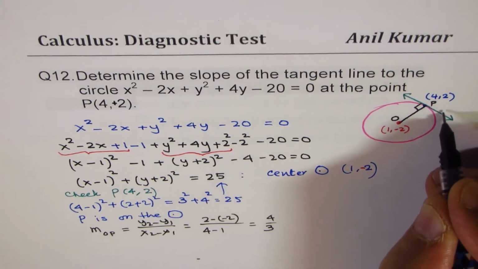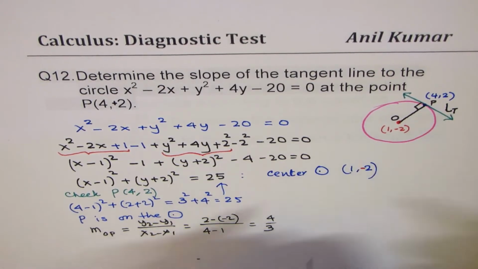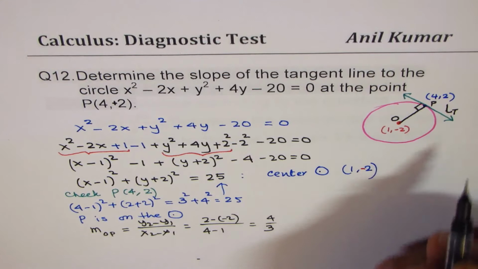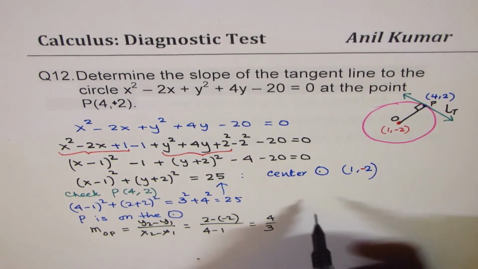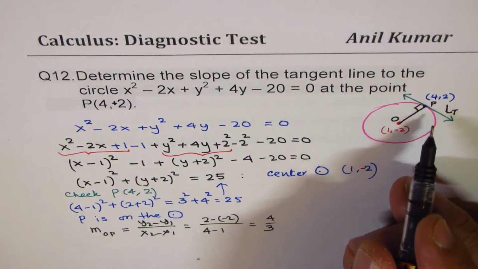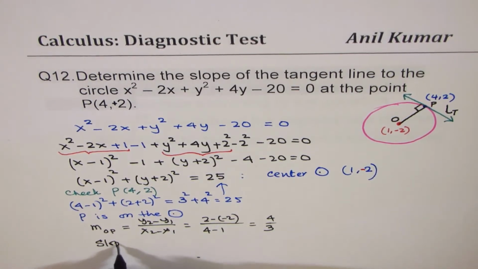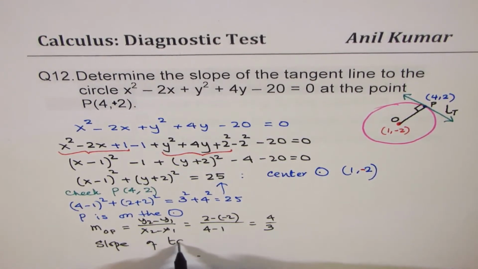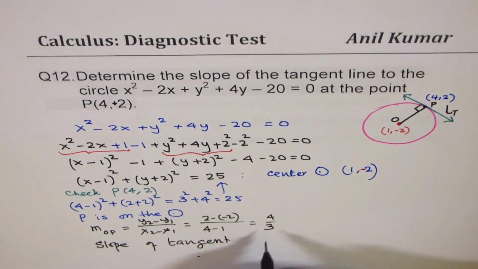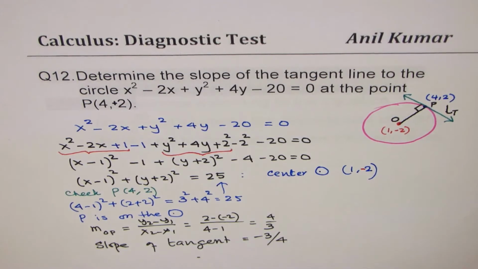So if this is your tangent line, let's say LT, what is the slope of the tangent line? Now, LT has to be perpendicular, right, at this point. So we say the slope of the tangent will be the negative reciprocal, which is negative 3 over 4. Perfect.